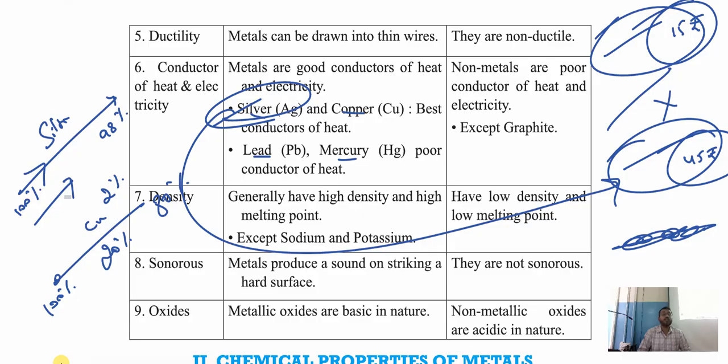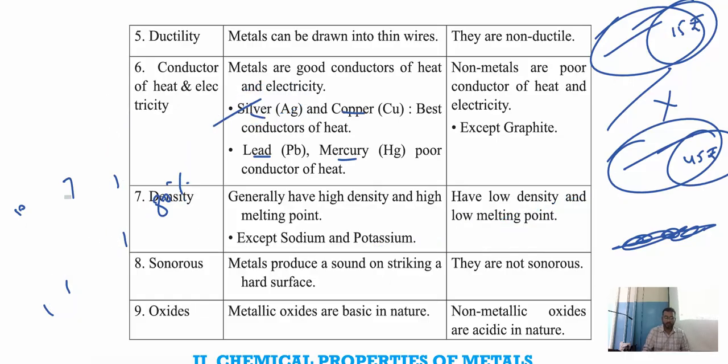Whenever you ask for any wire, you should ask which type of wire is inside it, whether it is silver, copper or aluminum. You need to confirm that first. All are good conductors, but the best among everyone is silver.